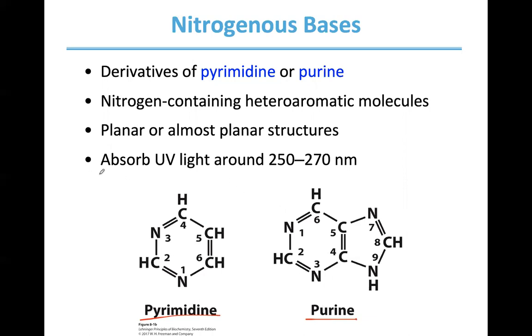And also another important thing to keep in mind is that they absorb light in the UV region, right? So you can actually follow the chemistry or biology of DNA and RNA with UV light because they show themselves in the UV region because of the aromaticity of the nitrogenous bases.